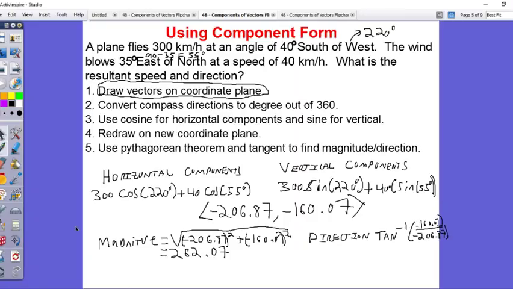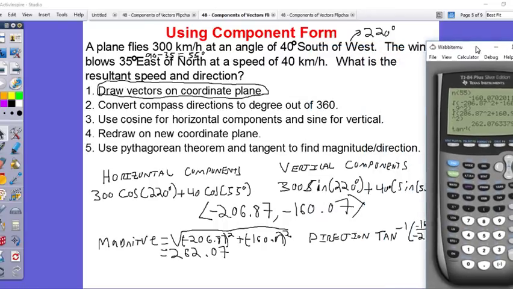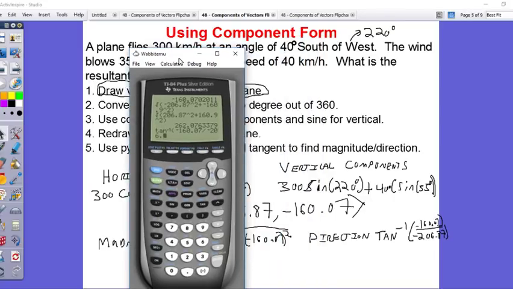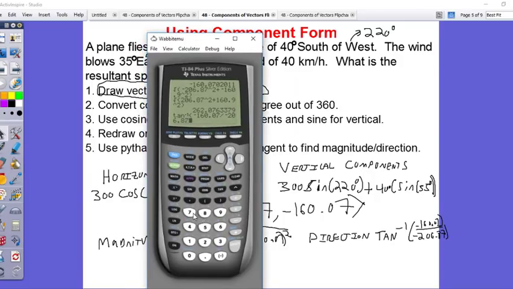So we find the inverse tangent of negative 160.07 divided by negative 206.87. So that's going to be 37.87 degrees.